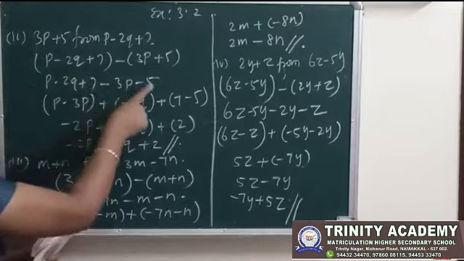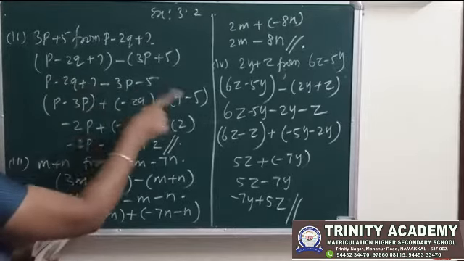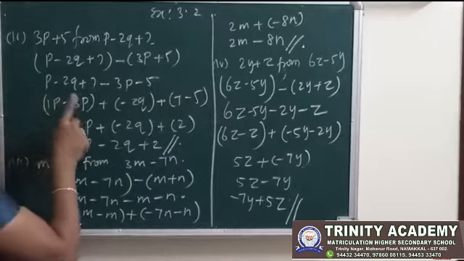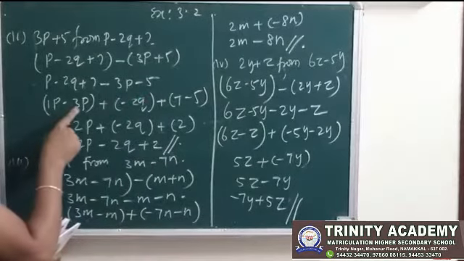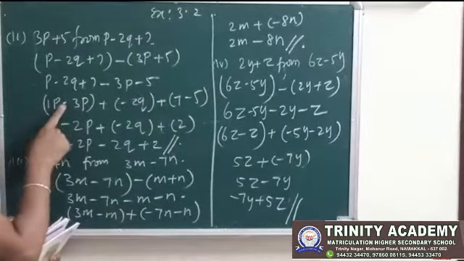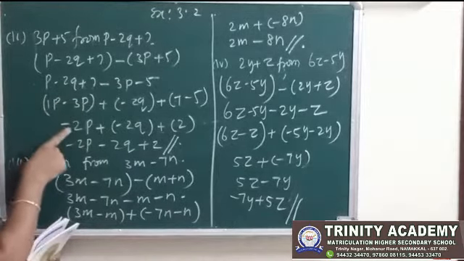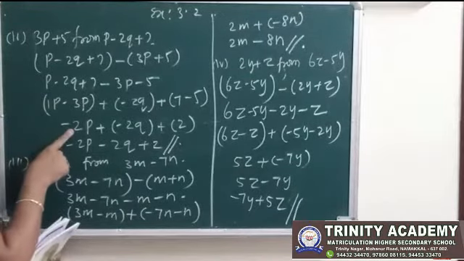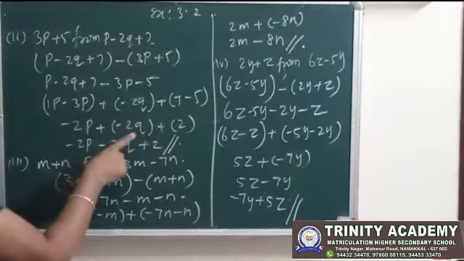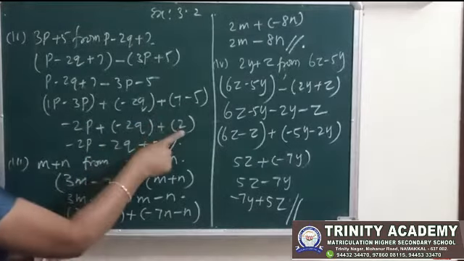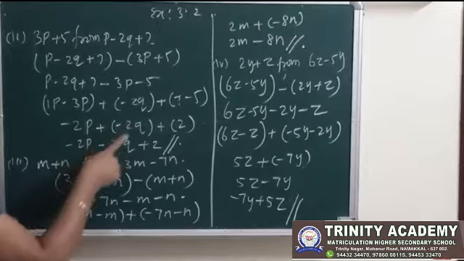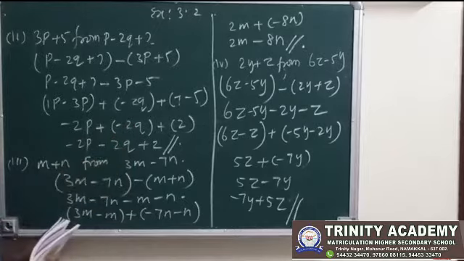Then we group the constant term, that is plus 7 minus 5. P, here 1p minus 3p. Listen carefully. 3 is a greater number, in front of 3 is minus. So when we subtract, greater number sign only we put. So plus 1p minus 3p is minus 2p. Here plus this minus 2q as it is. 7 minus 5 is 2. This one we write minus 2p plus into minus, minus this 2q plus 2.